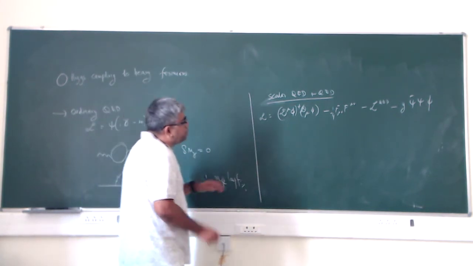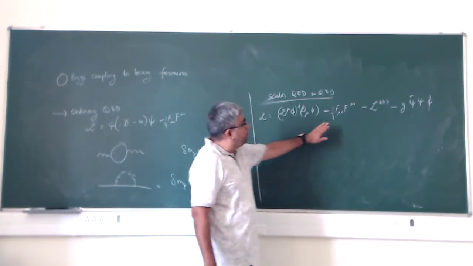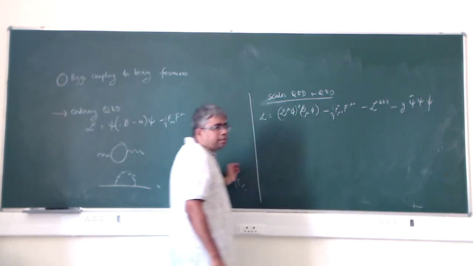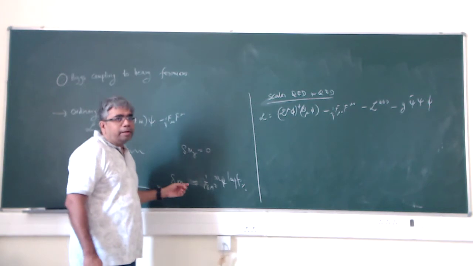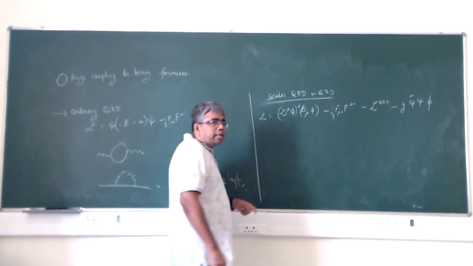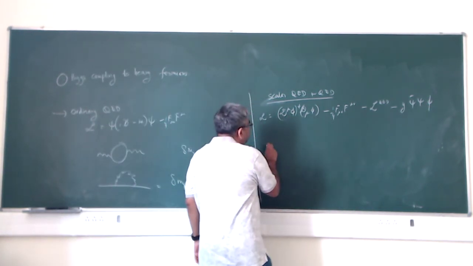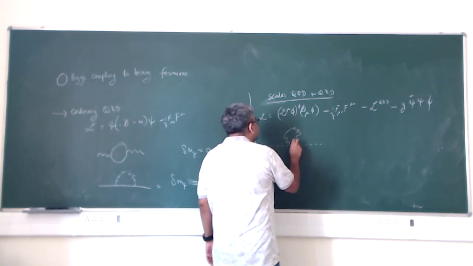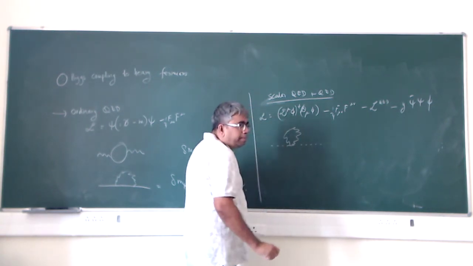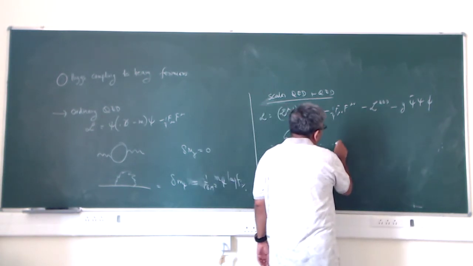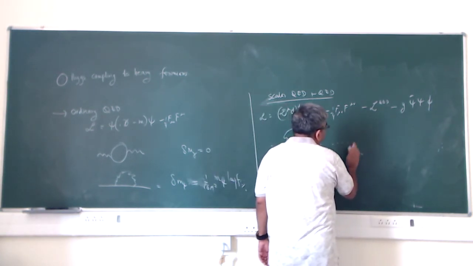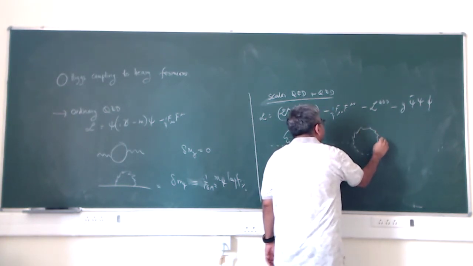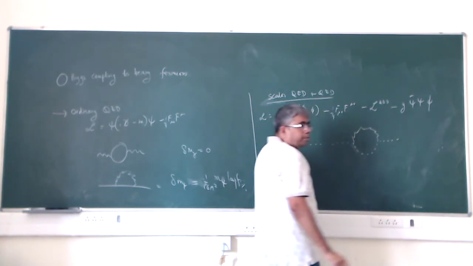Now, if you look at fermion and photon masses, the same arguments hold true. Look at the corrections to the scalar masses. Scalar masses will have corrections of this type, this type, and so on.